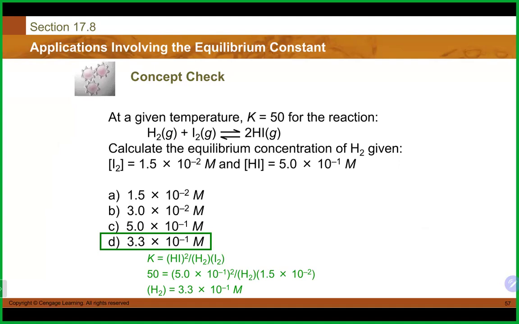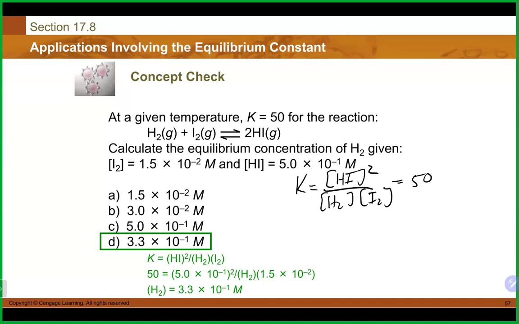If we are given the equilibrium concentrations like we are here, we could use our expression to solve for something that's missing. So in this particular case here, our equilibrium expression would be HI, and we would square it, divided by H2 and I2, which are reactants. That would equal 50.